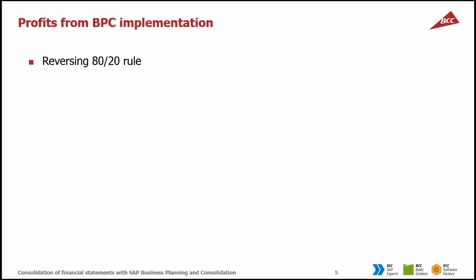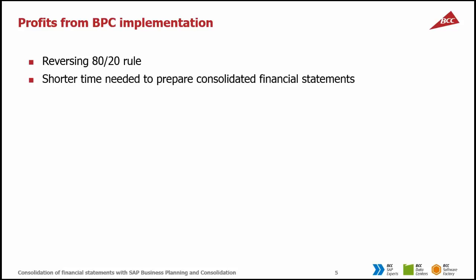The second profit from implementation would be shortening the time needed to prepare consolidated financial statement. So usually after such implementation, this time for the whole process is shortened remarkably.